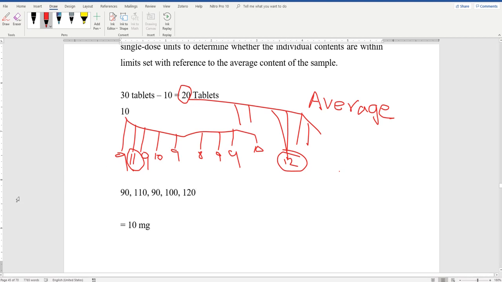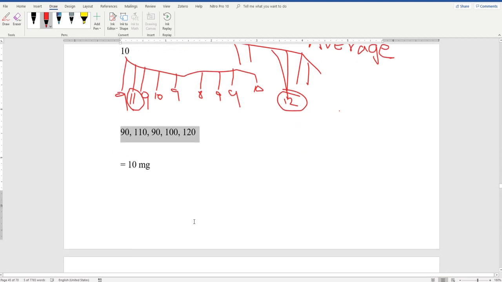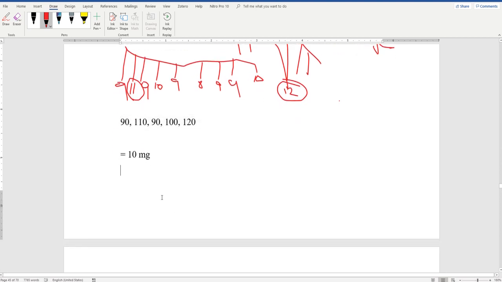Okay. So in the end, how many readings do you have? You have a percentage, you have 30 readings. Now check them all. Are they within 85% to 115%? If they are all in this range, what do you say? Done, pass the test.